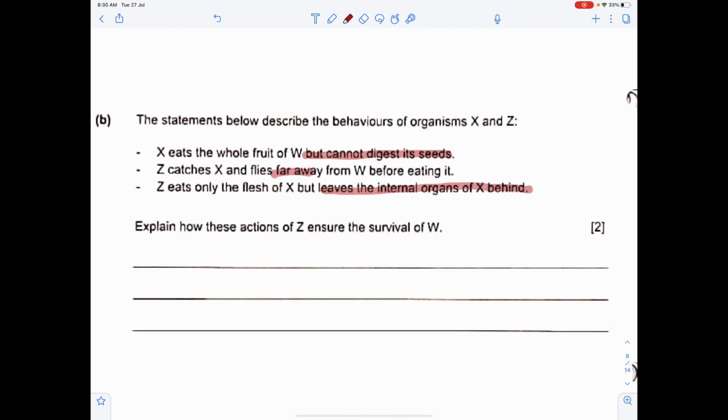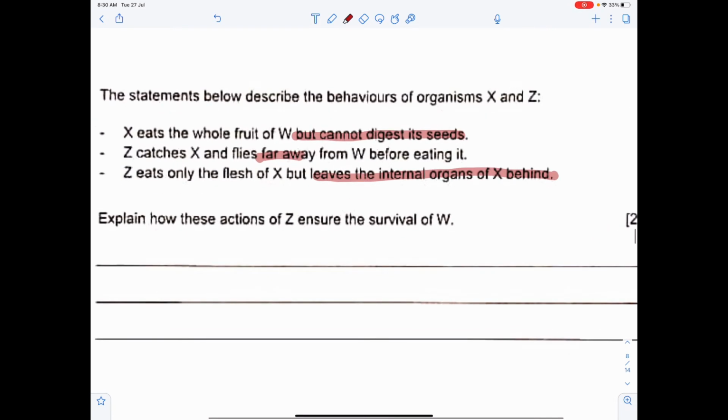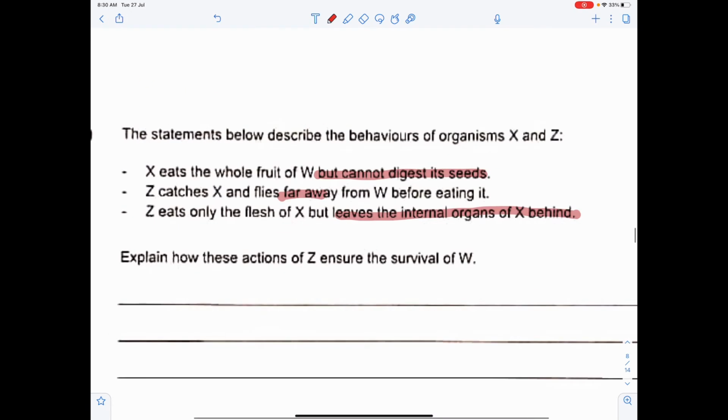So let's try to make sense of this by doing a little bit of annotation and questioning. I see the word seeds, I see the words far away. So what topic do you think this is? A good guess is plant reproduction. That is the topic. And the concept tested would be seed dispersal.